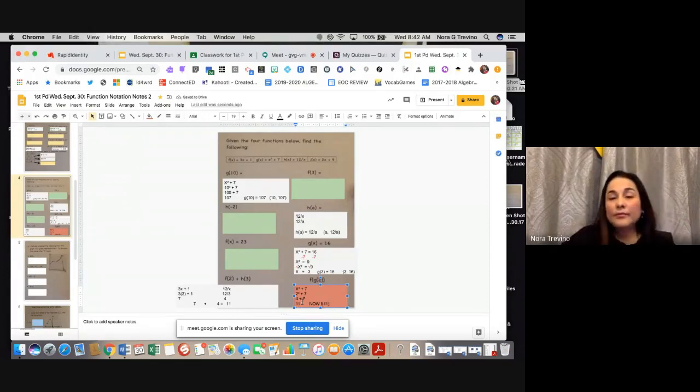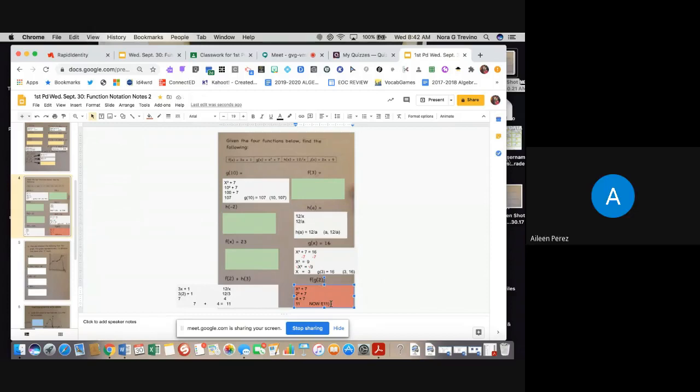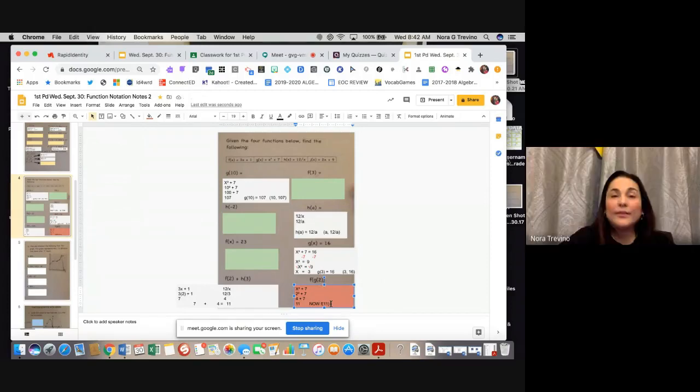Now, how do you find f of 11? What does f of 11 tell you to do? You use the f, right? And you're going to input an 11 in there now.